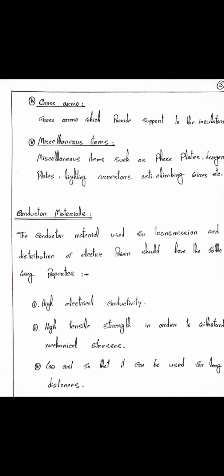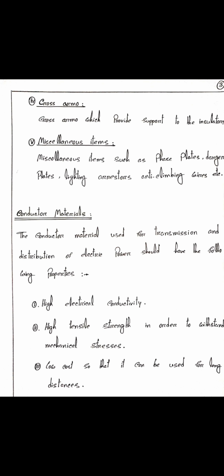Conductor materials. The conductor material used for transmission and distribution of electric power should have the following properties: 1. High electrical conductivity. 2. High tensile strength in order to withstand mechanical stresses. 3.